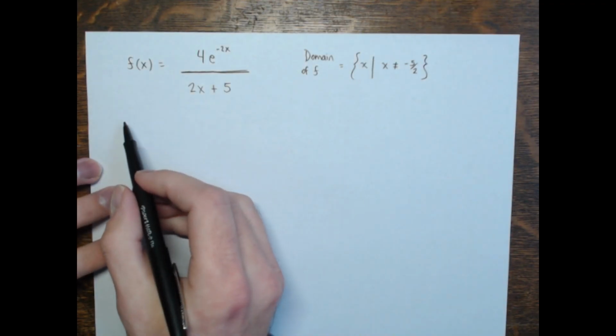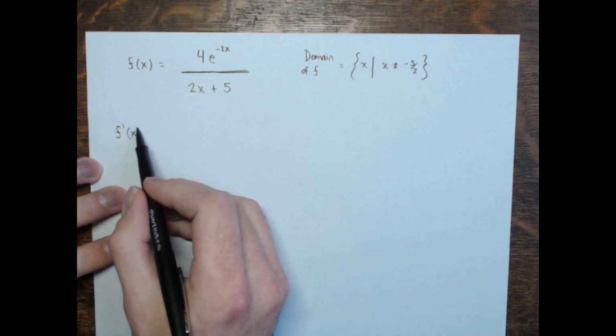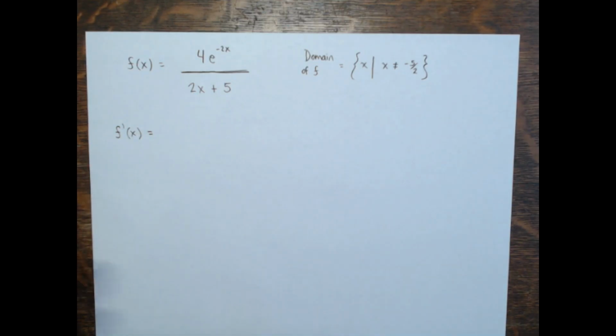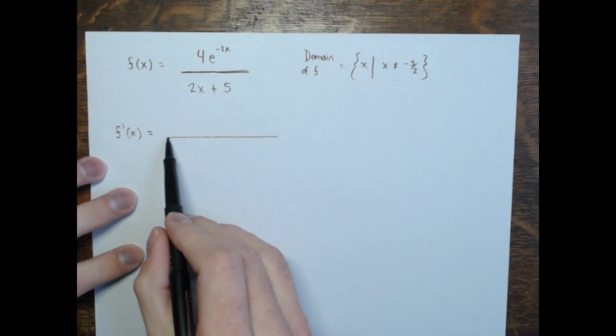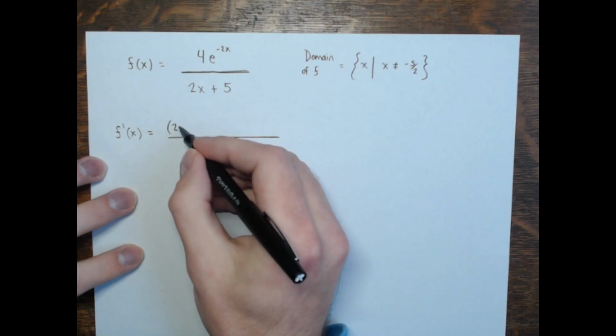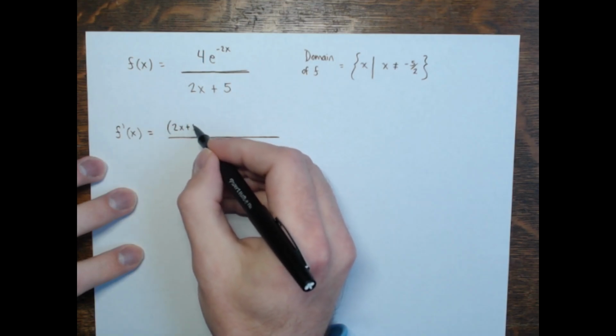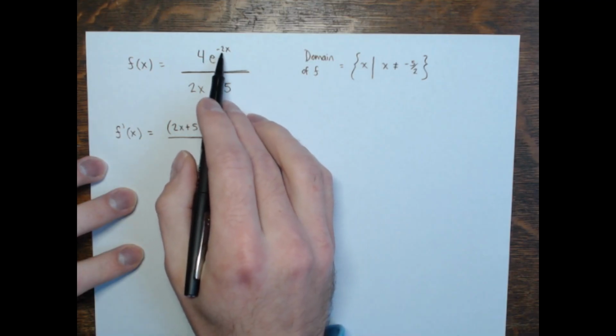Okay, so trying to find these critical values, where the local max and mins could possibly occur. Find the first derivative. So once again, I've got a quotient rule problem here. So denominator 2x plus 5 times the derivative of the numerator, which I'll use the chain rule for.